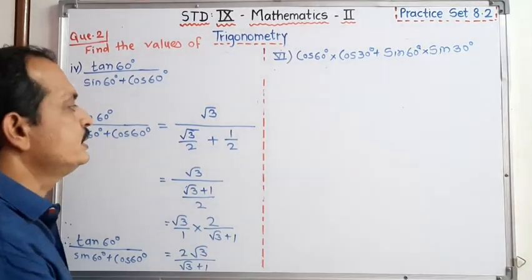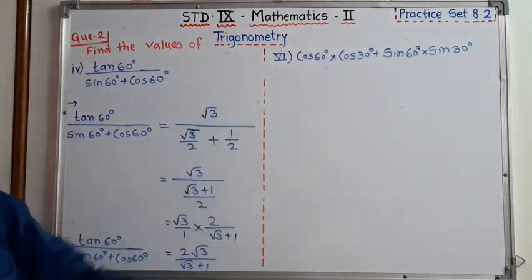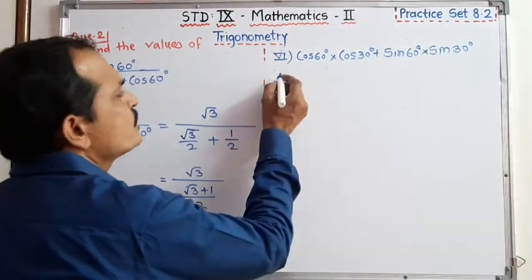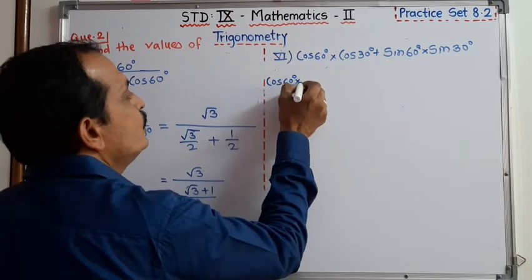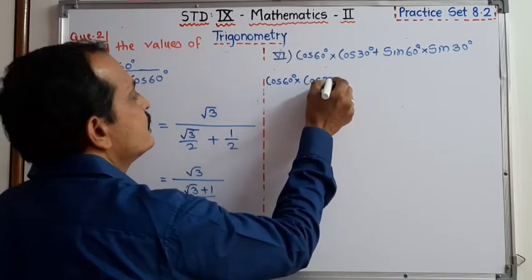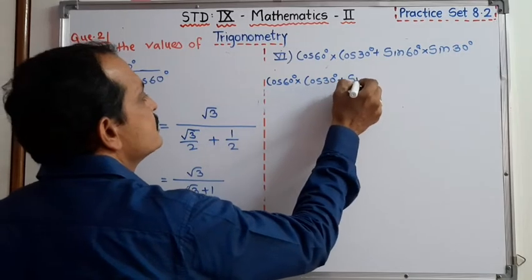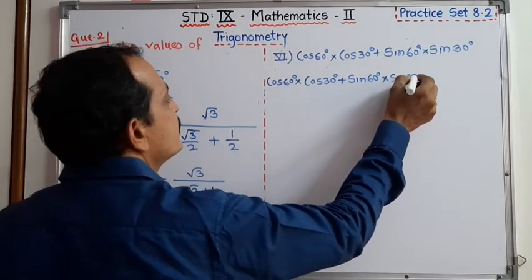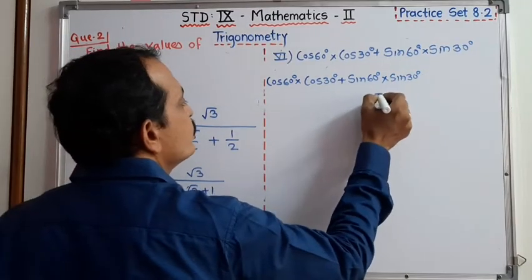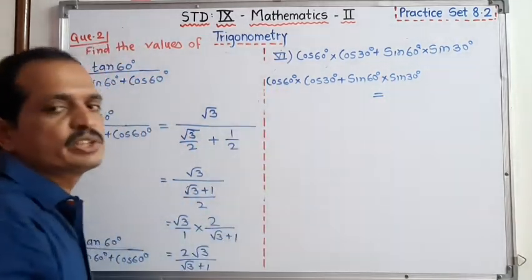Now see dear student, 6th one. First of all, cos 60 degree into cos 30 degree plus sine 60 degree into sine 30 degree. We must know the values of cos 60.